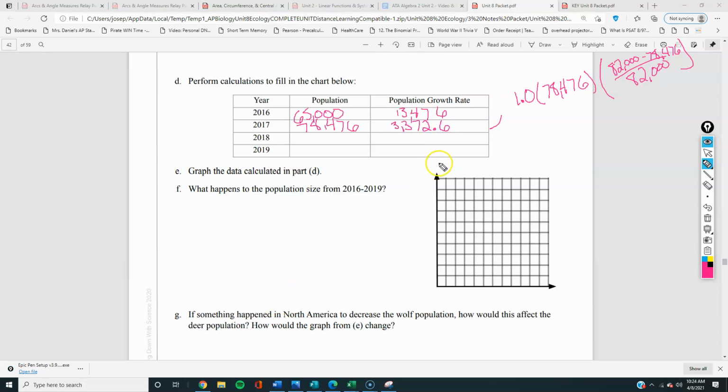All right, and when I plug this in, I got 3,372.6. And then when I add these two together to get 2018, I get 81,849. Now to find my growth rate, I'm going to do my R max times my population, times my carrying capacity minus my population, all over my carrying capacity.